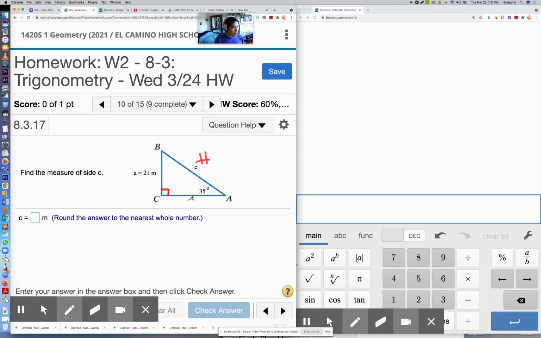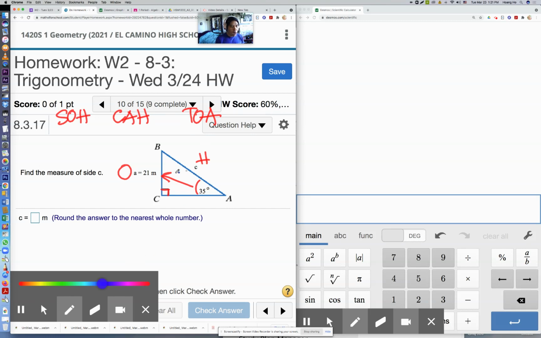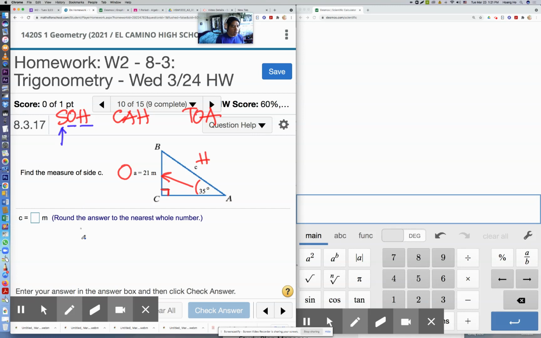You cannot use the Pythagorean theorem because you need to know two legs, and you know only one leg over here. The angle 35 degrees has this side as opposite, and you know the hypotenuse. Let's sing the song again: SOH CAH TOA. Opposite and hypotenuse, so you have to use sine.